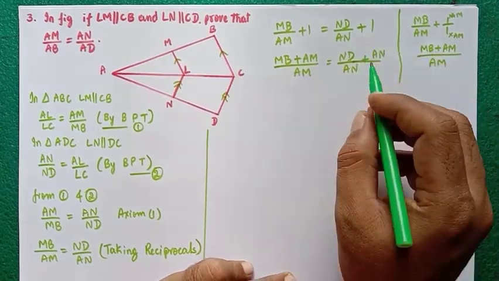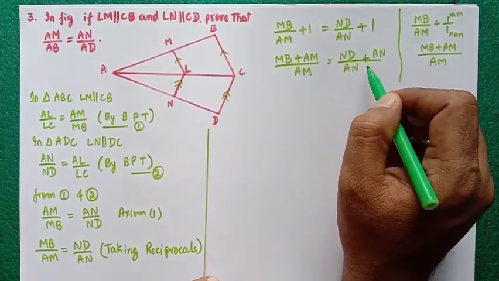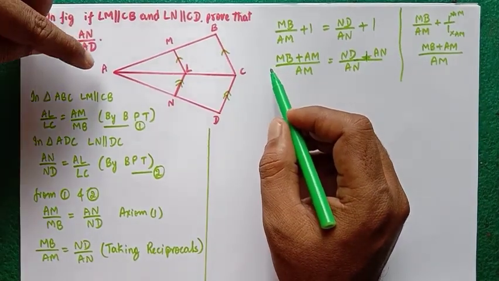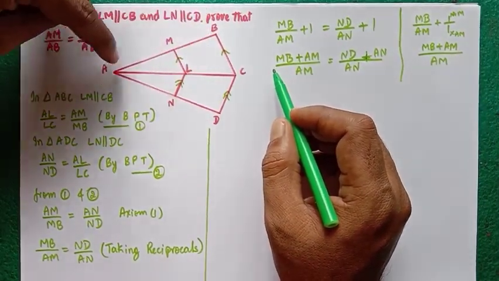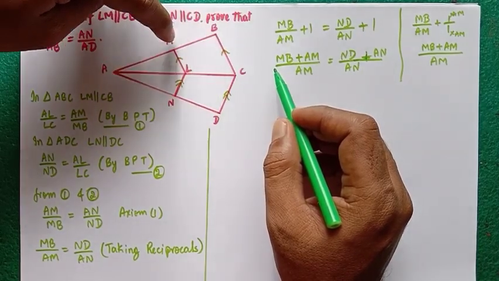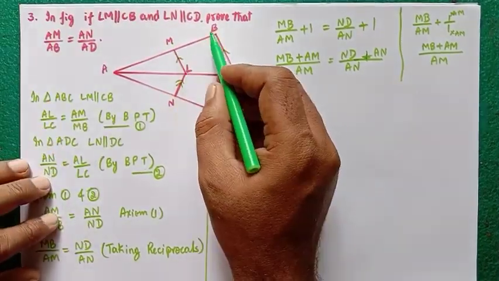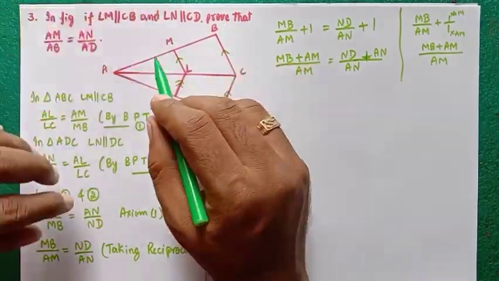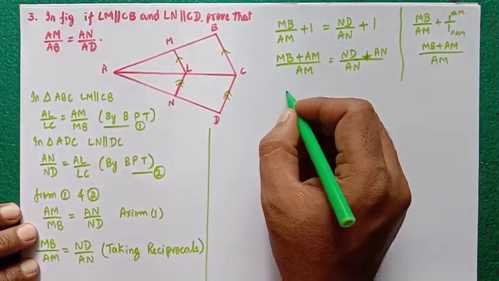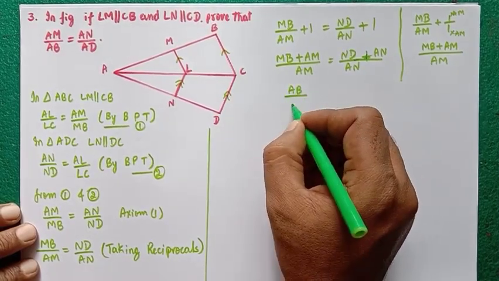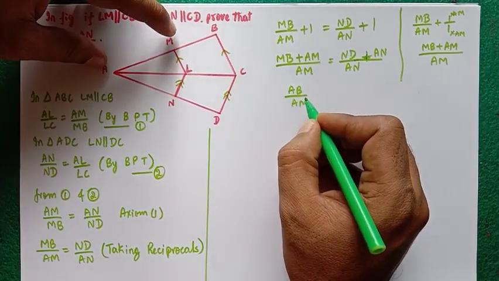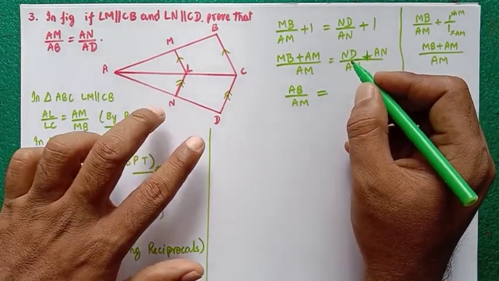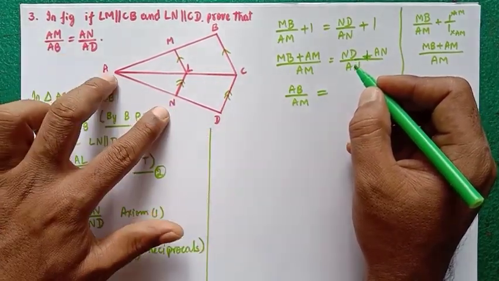Likewise for this also we take the LCM. So you understand here, MB plus AM is nothing but AB, so AB by AM is equal to ND plus AN by AN.